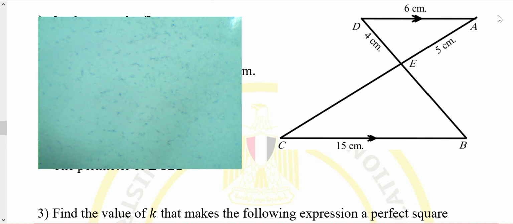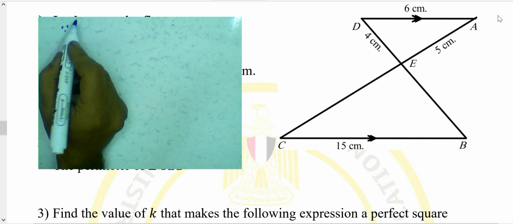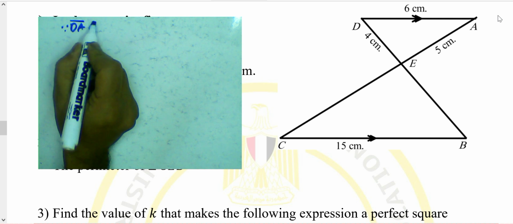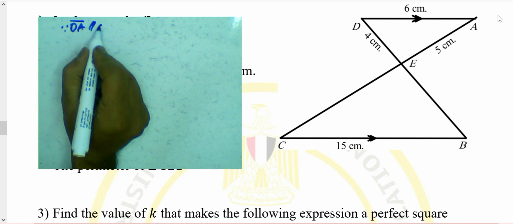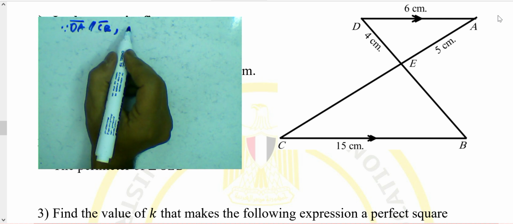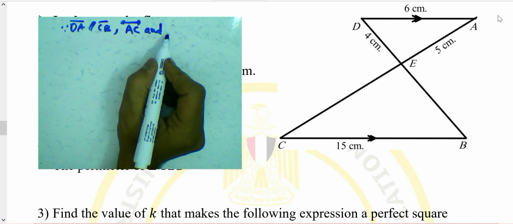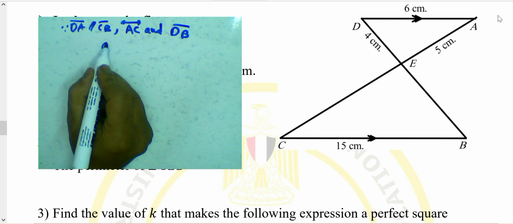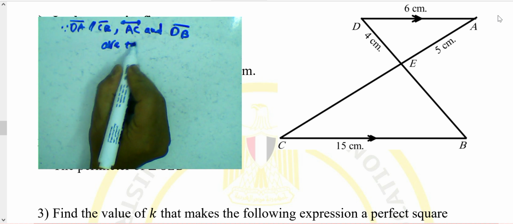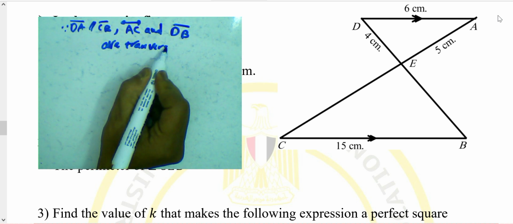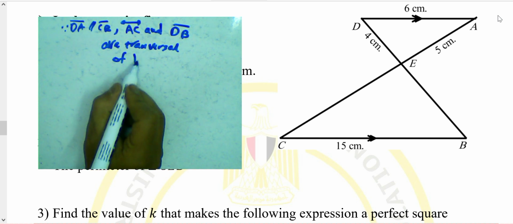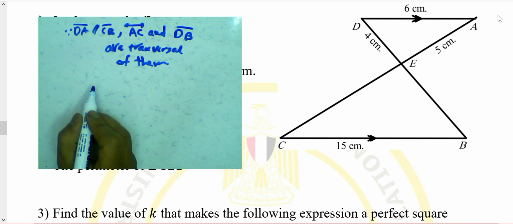We have DA parallel to CB, and AC and DB are transversals of them.